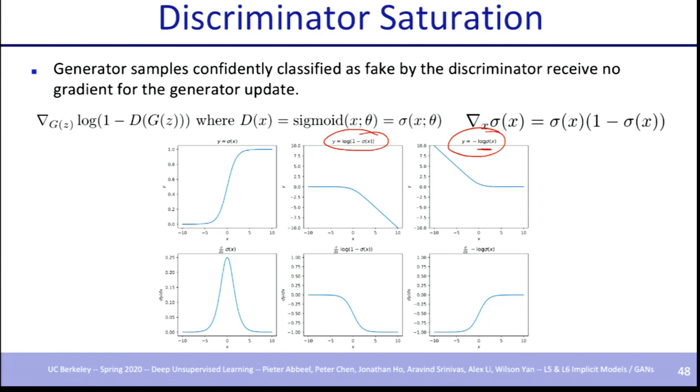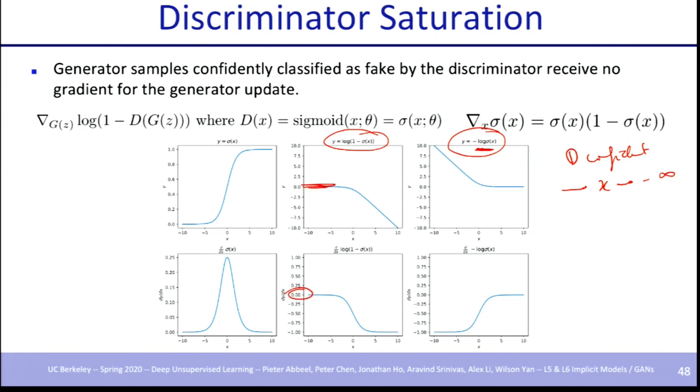By flipping this to minus log of sigma x, you are living in a different regime. You know what the problem is? The problem is always when the discriminator is confident, which leads to x going to negative infinity. So that led to the problem that this is flat here, and so your derivative is 0.